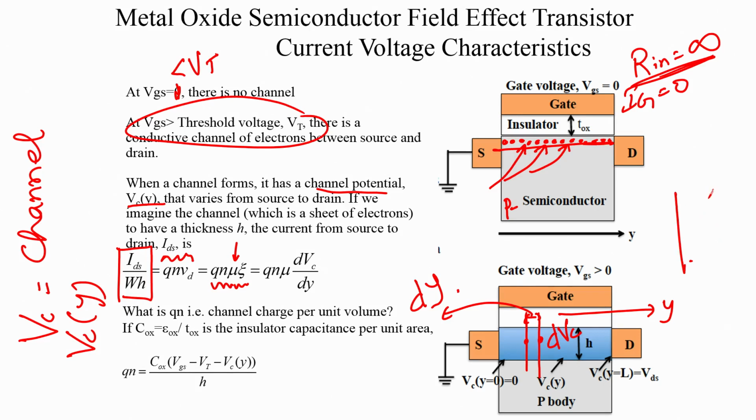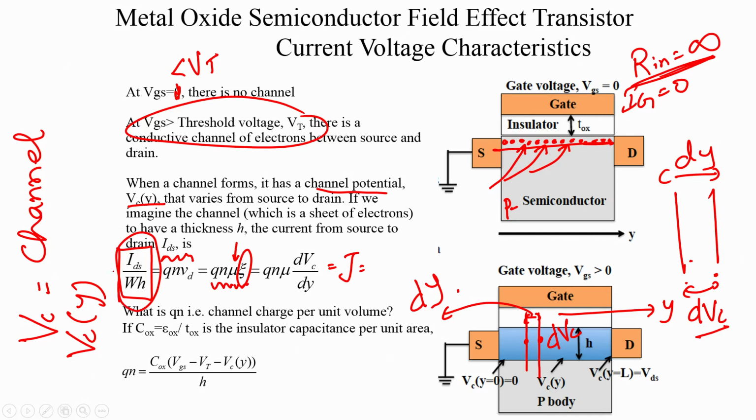So, what is the electric field across the section? It is dVc by dy. So, we replace this electric field term by dVc by dy. So, you have Q n mu dVc by dy as your current density, and that is equal to your IDS by WH.